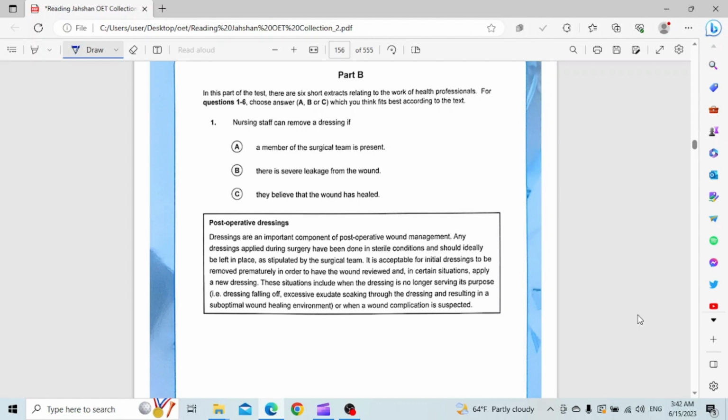Part B in listening and part B in reading are very easy to get marks from if you manage them, and if you let your mind absorb the skill. This is very super important.